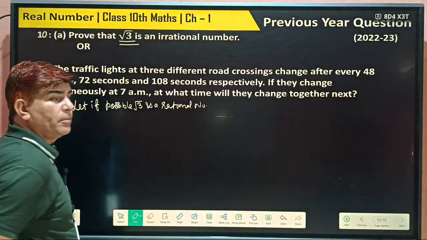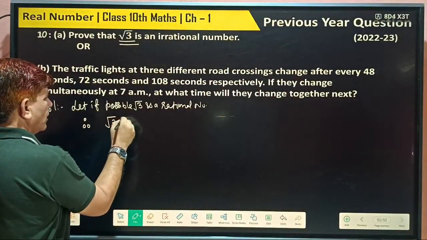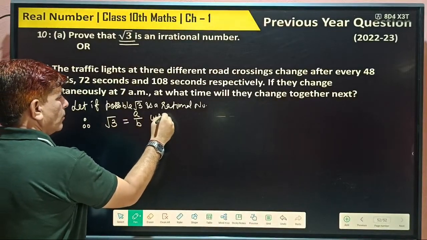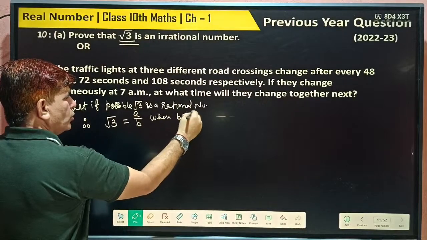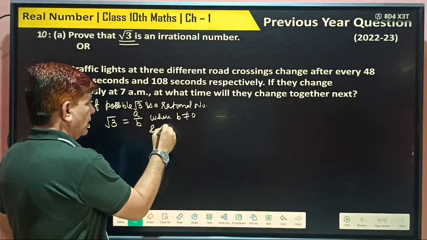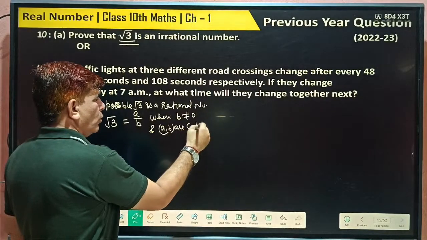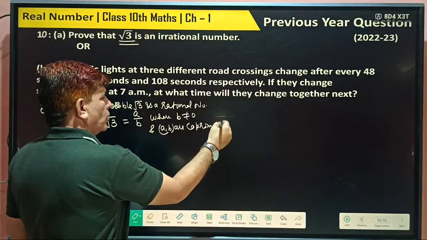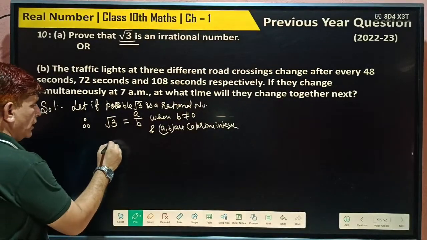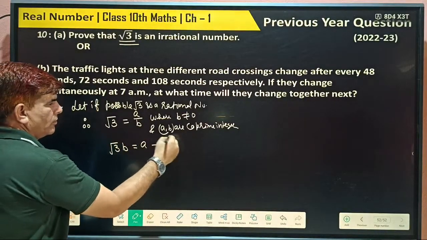If it is rational, then we can write it in the p by q form: under root 3 is equal to a by b, where b is not equal to 0, otherwise it has no meaning, and a, b are co-prime integers. I told you, you need this. So we can write it like this. This is equation 1.